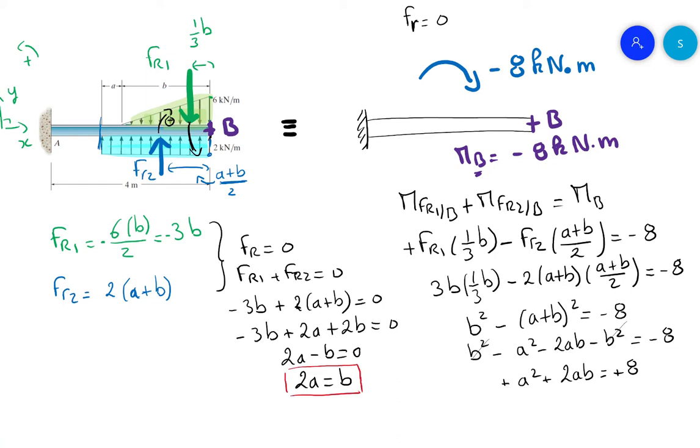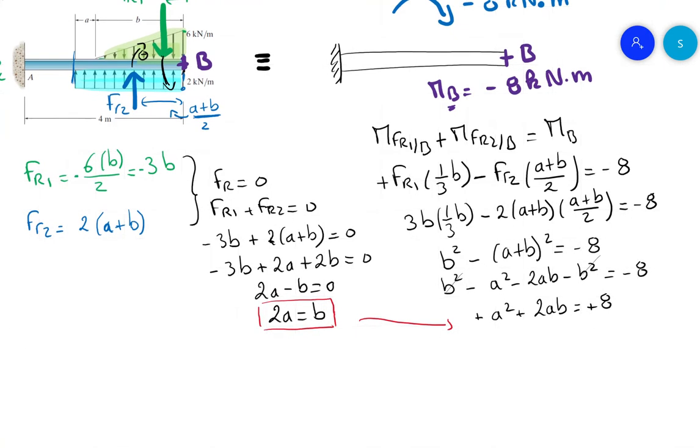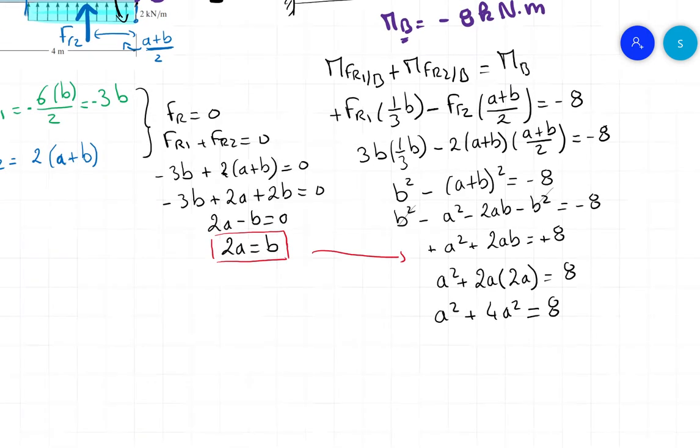Let's use the 2A equal B and put it in this equation. So we get A squared plus 2A times B, that is 2A, equal 8. So we got A squared plus 4A squared, that is equal to 8. We have 5A squared equal to 8.